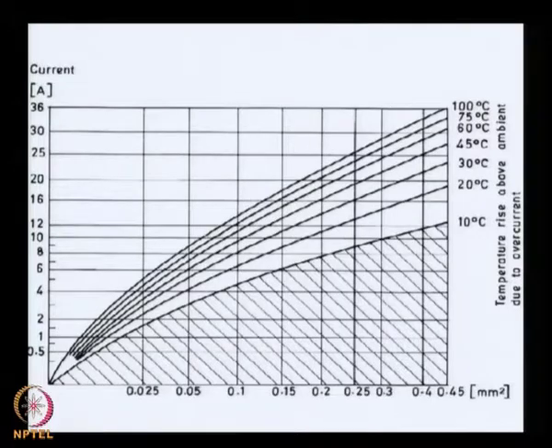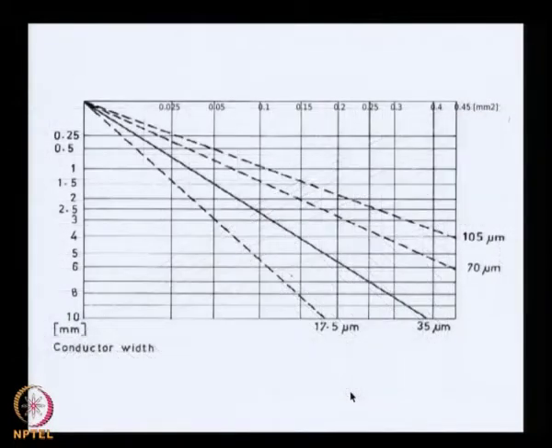Once the area of cross section for the track is known, then you could go to this graph where you see on the x axis the cross section areas, and on the y axis the track width or the conductor width in mm. So, for 0.35 mm square, you could pick a particular laminate thickness of the copper. As I was saying, different laminate thicknesses are available, but the most common one is the 35 micron copper laminate thickness.